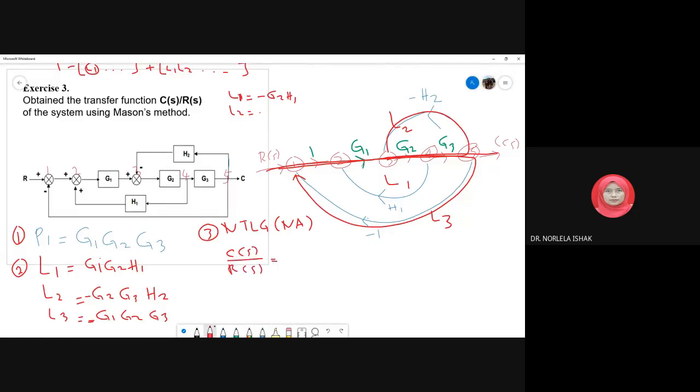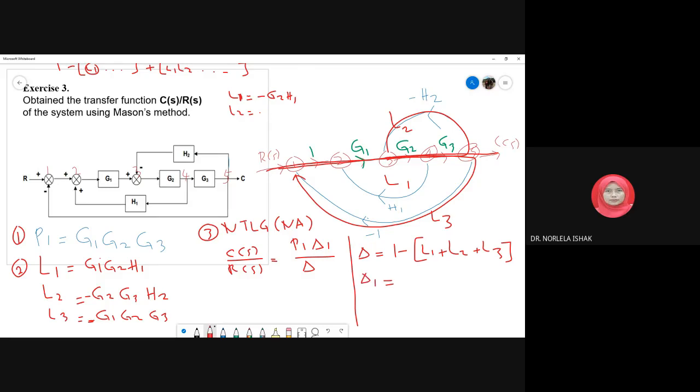The transfer function has only one forward path, P1, with one cofactor and the determinant. What is the determinant? Determinant equals 1 minus (L1 plus L2 plus L3). How to define the cofactor?